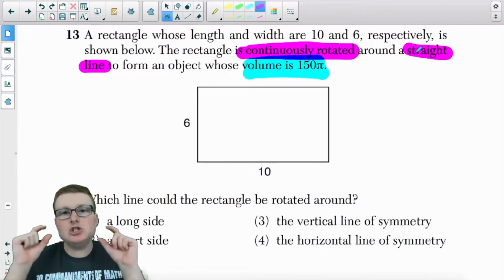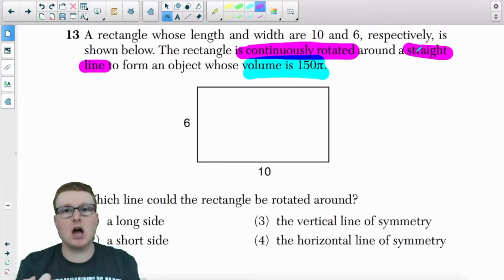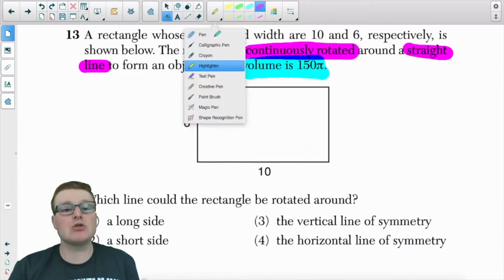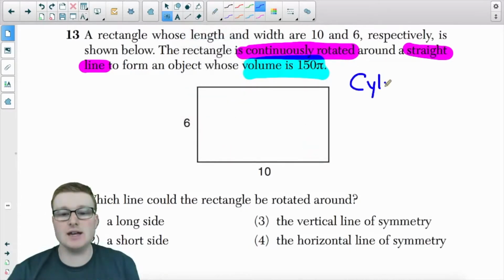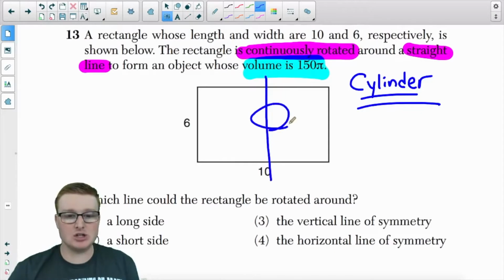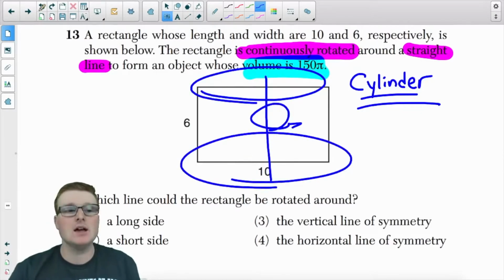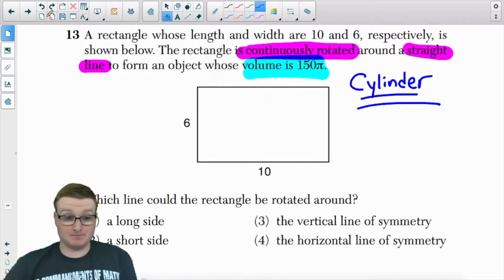What should be screaming at you in your head is that if a rectangular 2D shape is being continuously rotated around a straight line, you are creating a cylinder. You're creating a cylindrical shape, okay? Because if I spin around one of these sides, you're going to be creating a circular figure, okay? So that's what you should be thinking of right now.